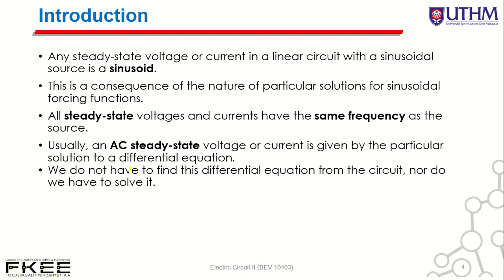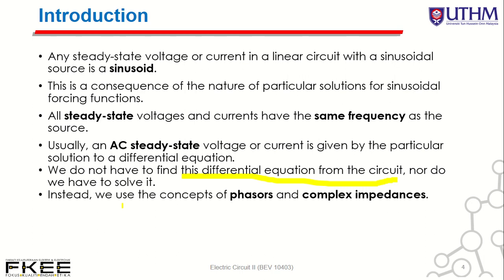Okay, so we do not have to find this differential equation for the circuit, nor do we have to solve it. Okay, instead what we need to do, we can use the concept of phasor and complex impedances that we will discuss in detail. What is the complex impedances in the next subtopic.